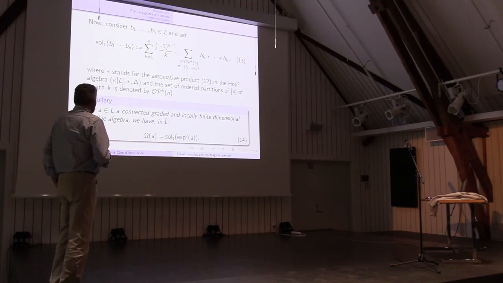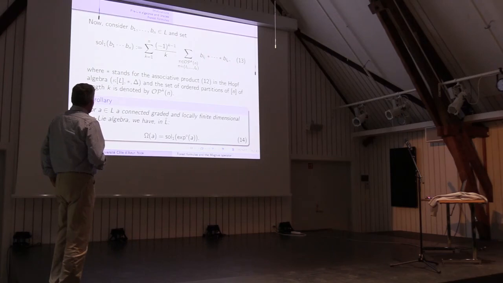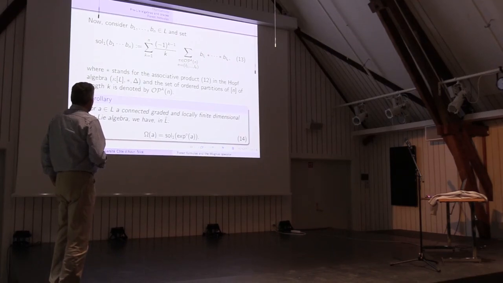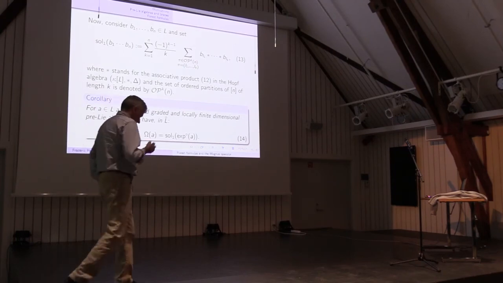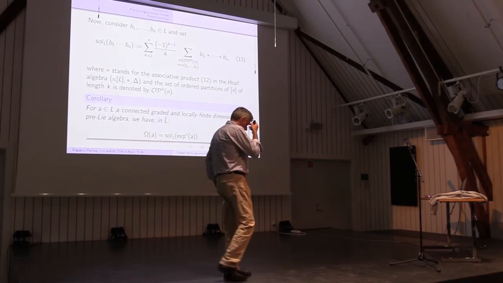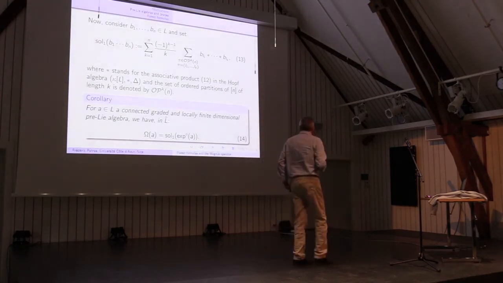And it happens so this is encoded by an operation that was defined for the first time by Solomon. And this projection from the enveloping algebra to the Lie algebra takes a particular form in the case of the enveloping algebra of pre-Lie algebras, precisely because the enveloping algebra can be represented as an algebra of polynomials.